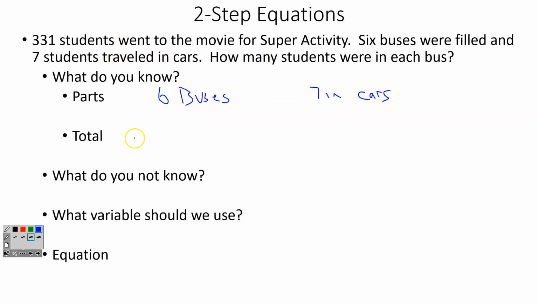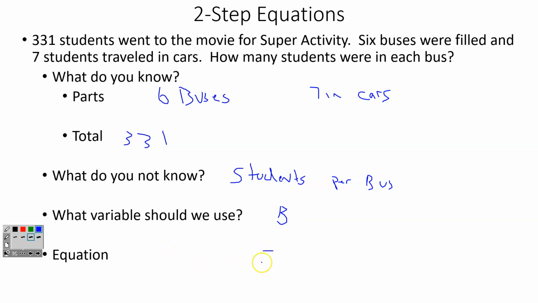We know my total. There was a total of 331 students that went. What do we not know? We don't know how many students were in each bus. Okay, I'm just going to use the variable b for bus.